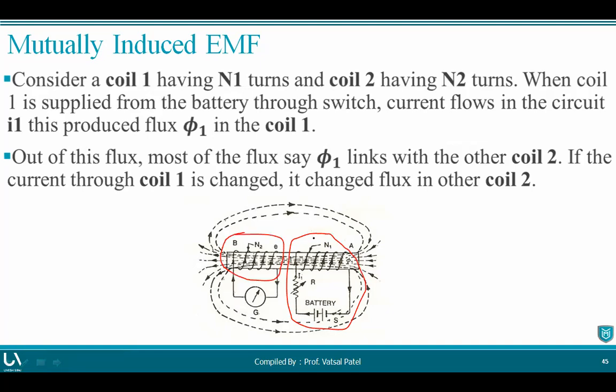So when coil 1 is supplied from the battery source, just like the previous case, through the switch we have, the current flows in circuit number 1. When the current is flowing, the flux phi1 is produced in coil 1. Out of this flux traveling through the core, most of the flux is linked with the N2 turns, that means coil 2.